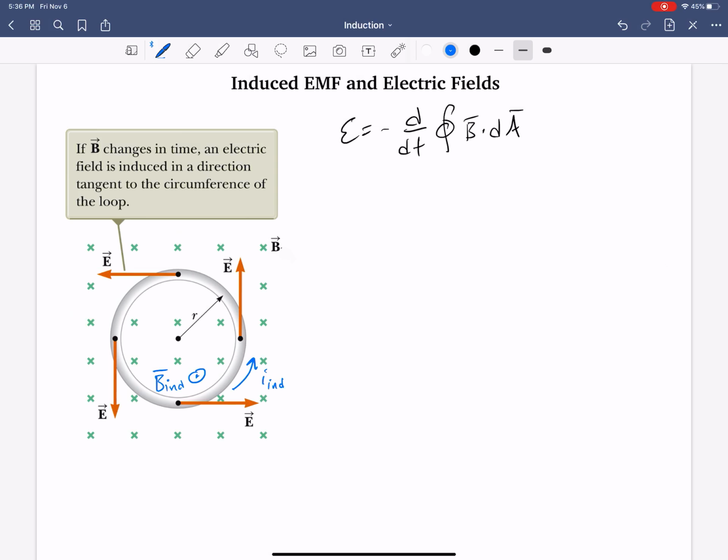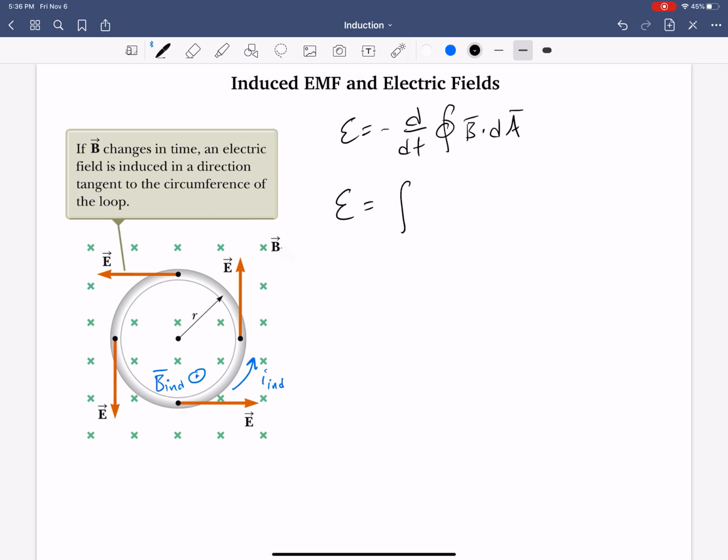And so you can think of this as an induced electric field, but that's all due to the fact that the magnetic field, or rather the flux, is changing. So this also induces an EMF, which remember is another way to write a voltage source in this case. It's an induced voltage.